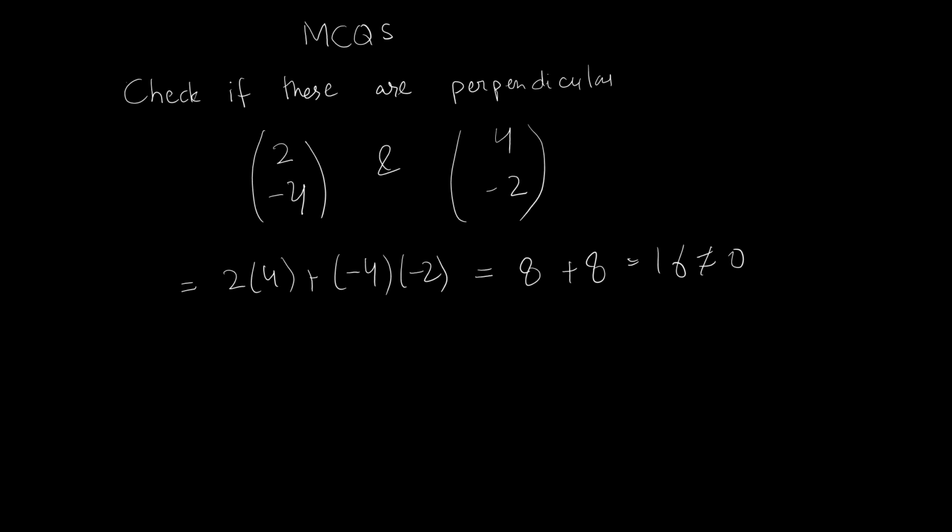But let's say if we had a negative 2 at the start, well, in that case, the dot product would be 0 and the vectors would be perpendicular to each other.